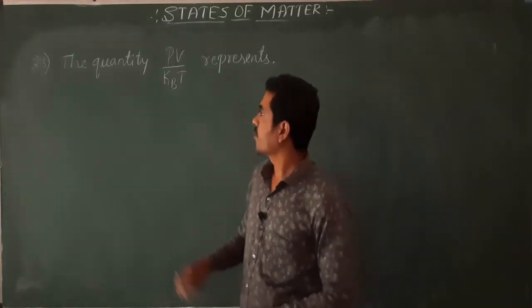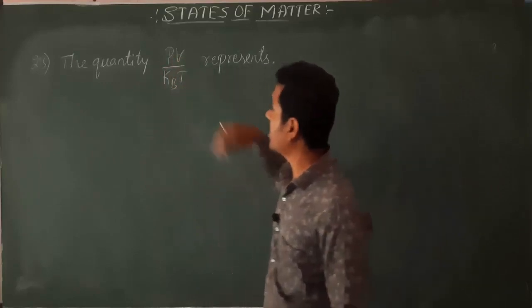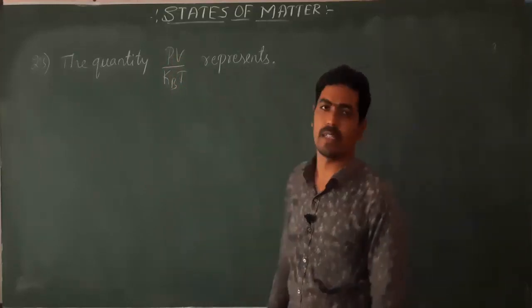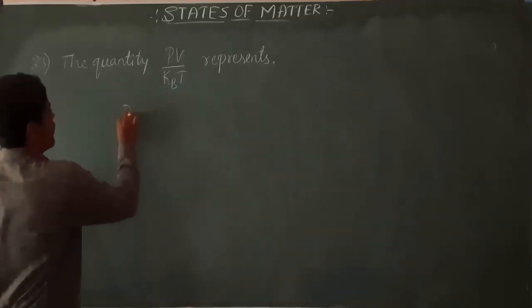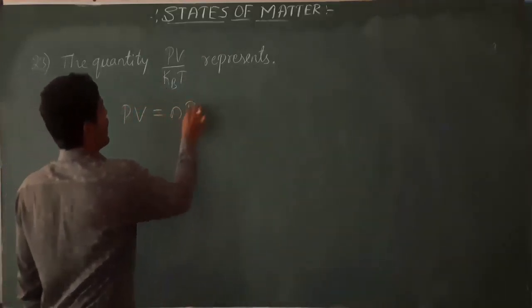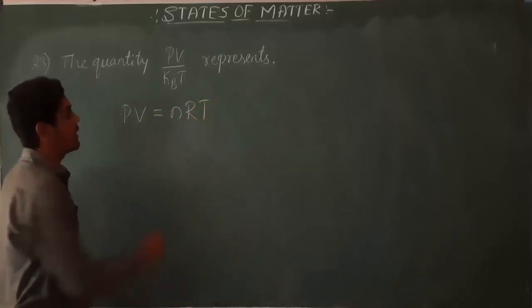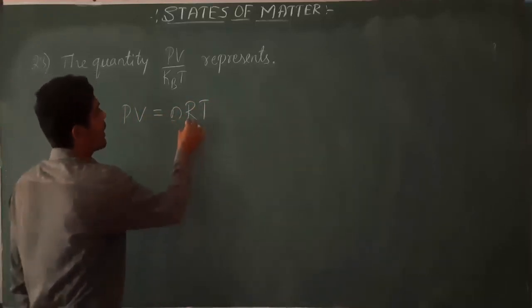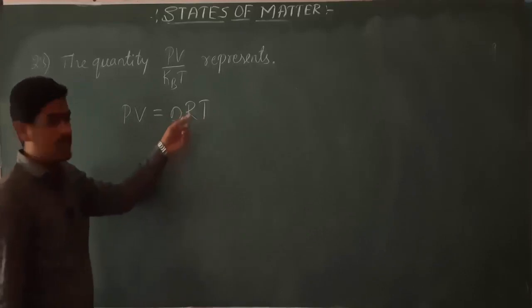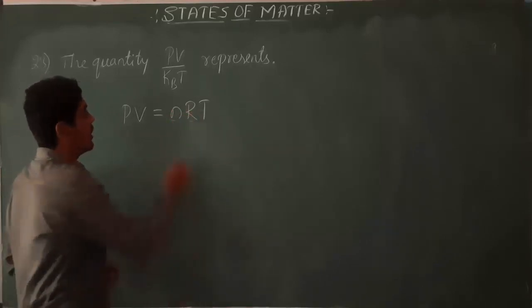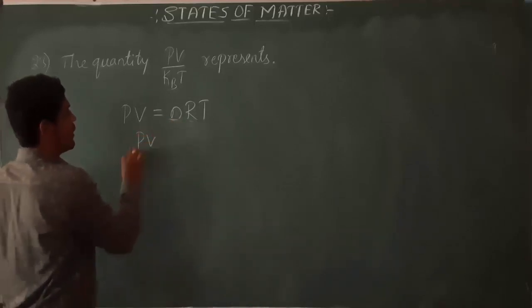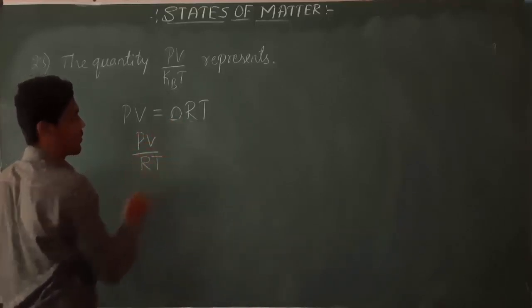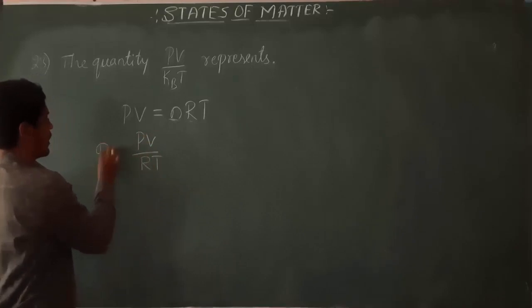23rd question. The quantity PV divided by KB into T represents. As you know, the ideal gas equation is given as PV is equal to nRT, where n is number of moles and R is the gas constant and T is temperature. n represents the number of moles, and if you take PV divided by RT, this is equal to n.